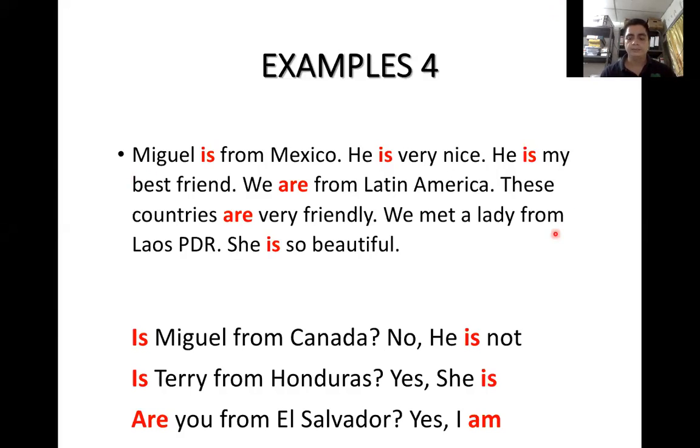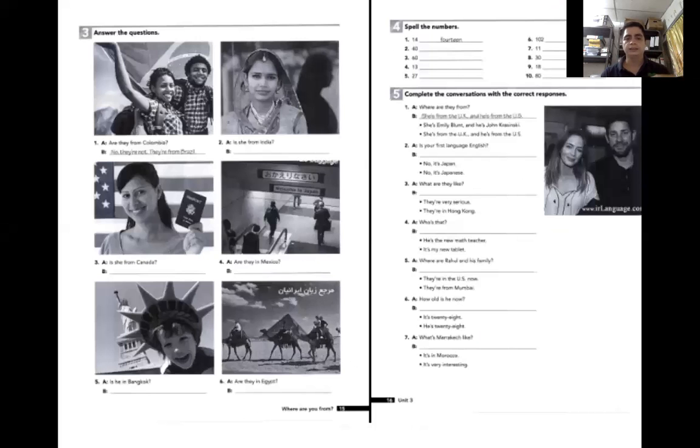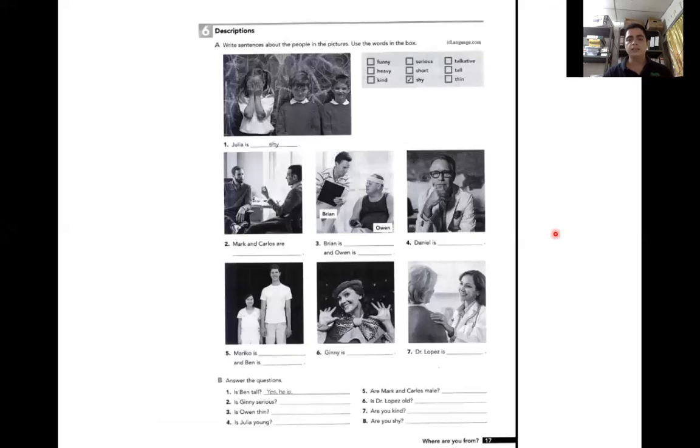In this case, you will do exercises number 2 to number 6, mostly filling in blank spaces. That is very related to the language we use today. It is nothing very difficult. It is something very easy if you paid attention to the class.